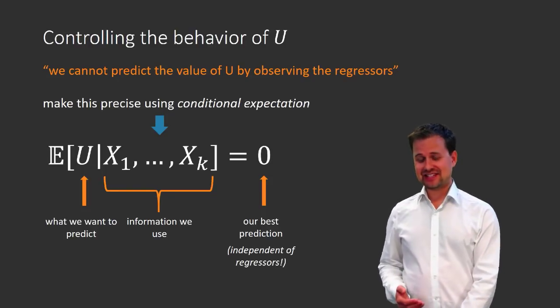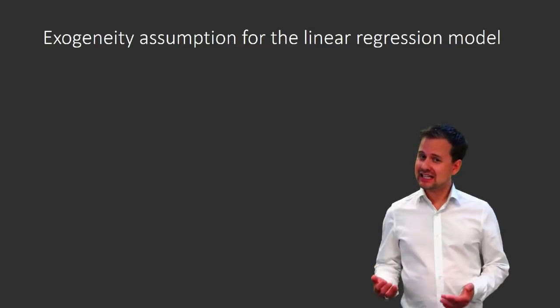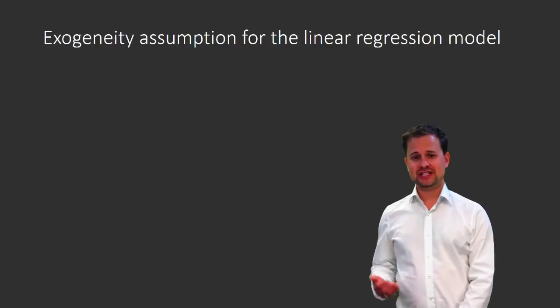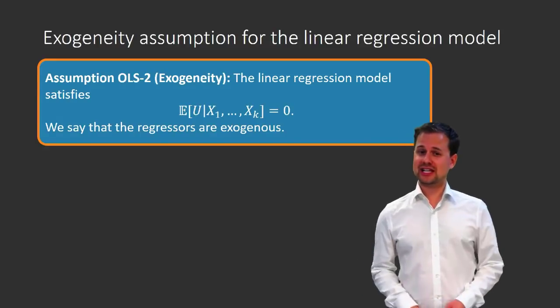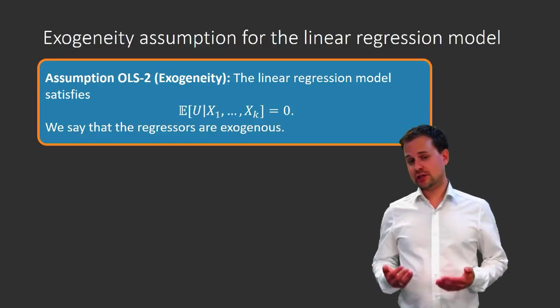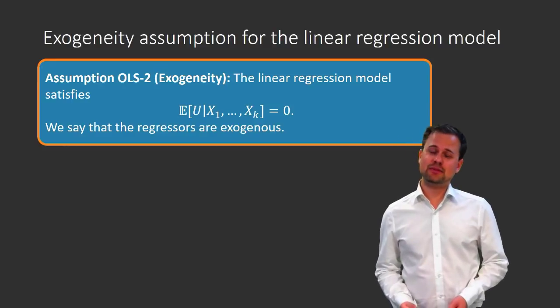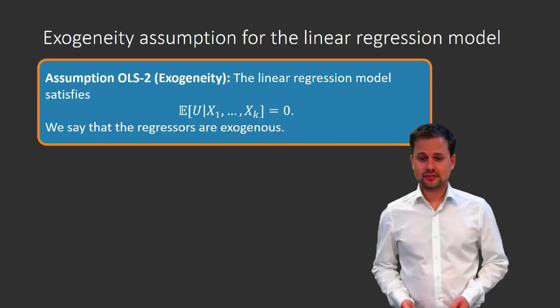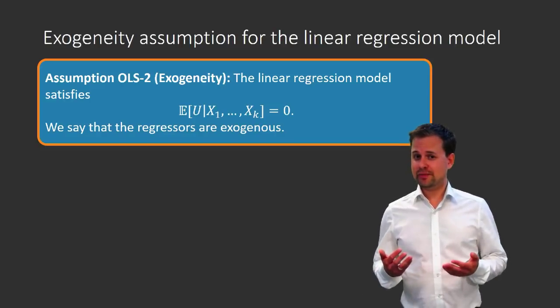So let's add this exogeneity assumption as a second assumption to our set of assumptions about the linear regression model. So this gives us OLS2, an exogeneity assumption. If our linear regression model satisfies the exogeneity assumption, then we say that the regressors are exogenous. So where does this term come from?